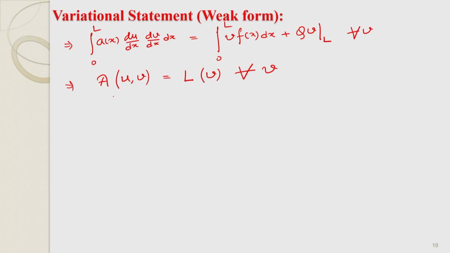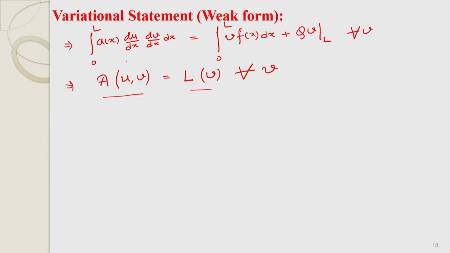Depending on the given strong form, this A u v will be different and as well as the L v. This is the general statement we will use symbolically to denote any variational statement. If you notice, the LHS is a function of both u and v, whereas RHS is only a function of v, that is variation.